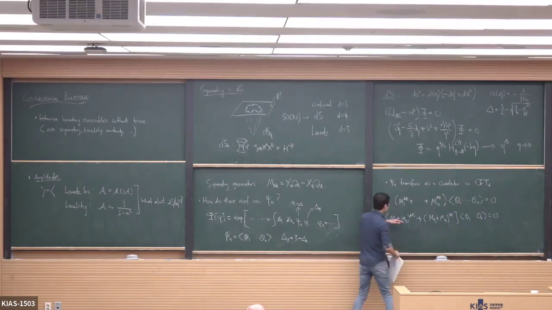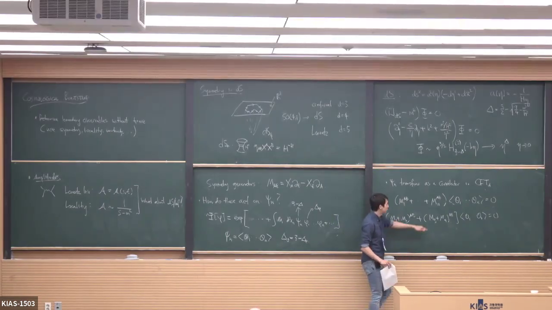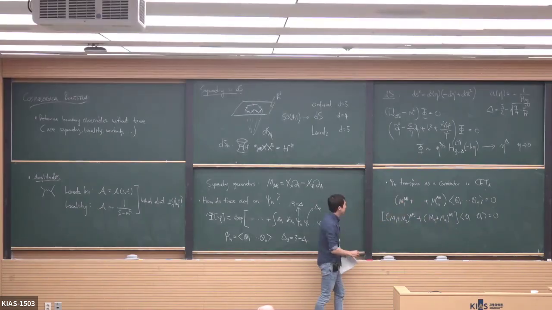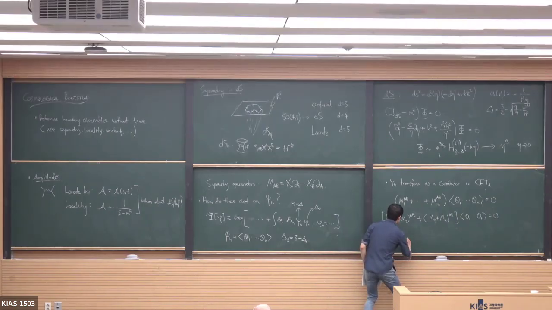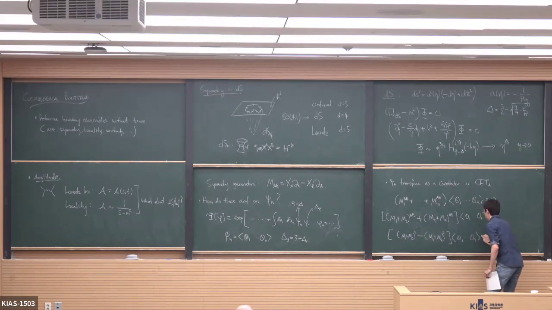What you can do is to contract this equation either with M1 plus M2 or with M3 plus M4, and then take the difference. When you take the difference, the cross term cancels out, and this is the equation you get.